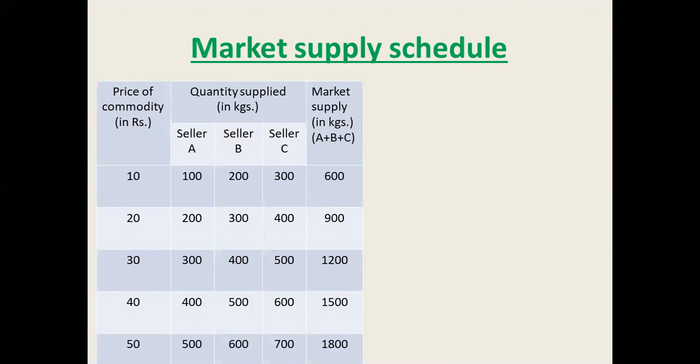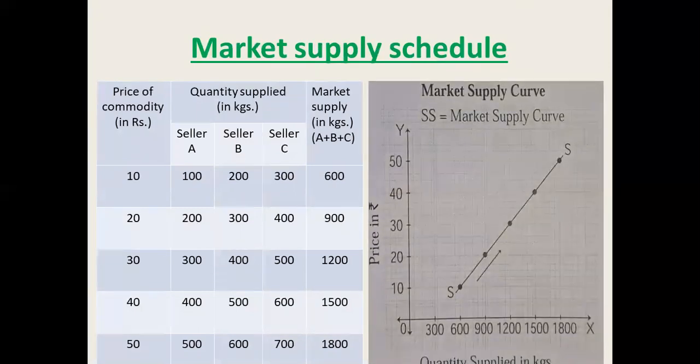Then let's discuss the next point. Another point is the lowest price of 10 rupees. The market supply is also lowest, at 600 kilograms. So that is the tabular representation. This representation explains two things. The first is the price.